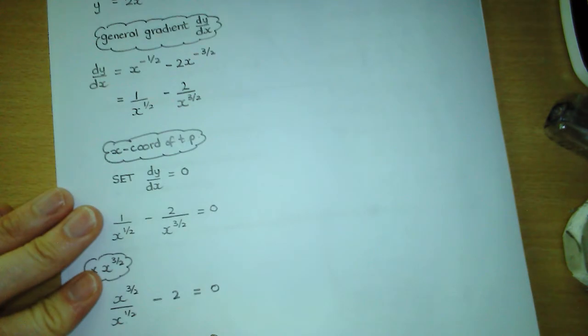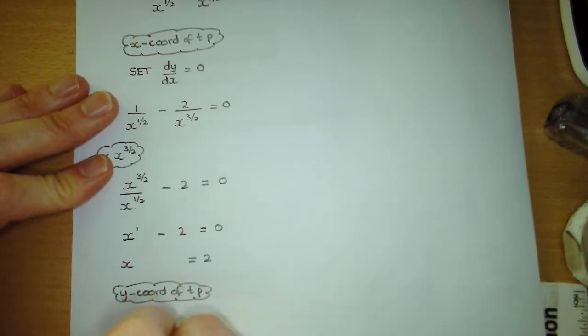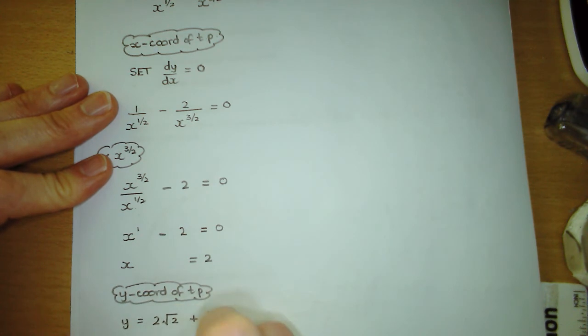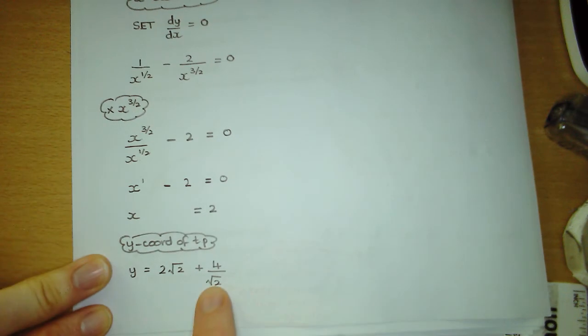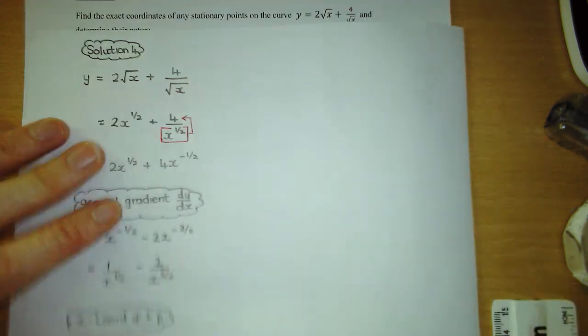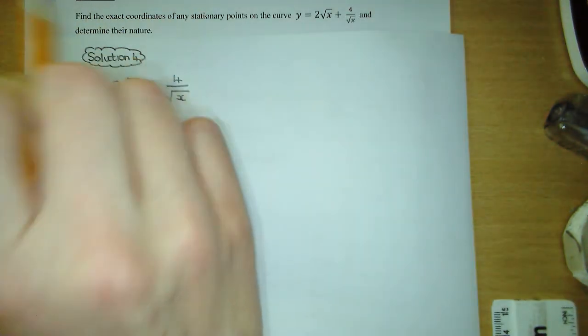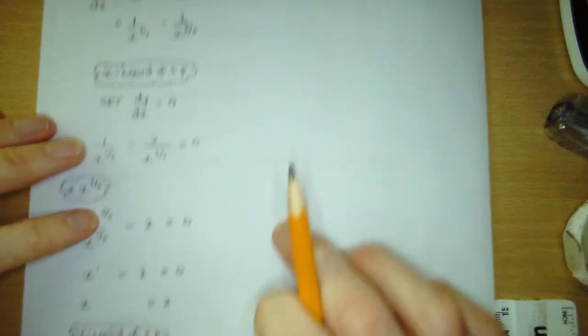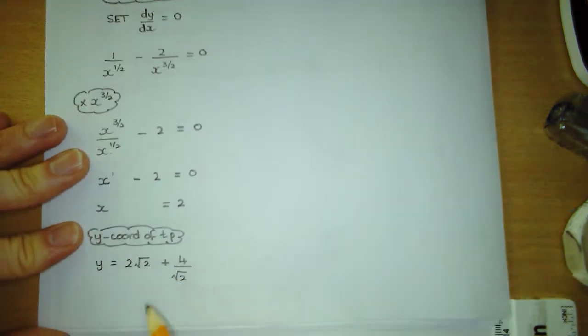So we're going to get y equals 2 times the square root of 2 plus 4 over the square root of 2. Now, you could type it into your calculator, although it may give it as a decimal. We don't want that because it says find the exact coordinates. So exact means leave roots in it, or pi in it, or e in it, or natural logs in it. So we can't have any decimals in our answer here.